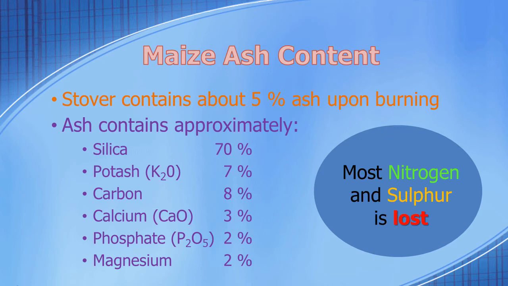And of that 500 kilograms or 5% of ash that remains, the vast majority of that is silica, around 70%. There's a little bit of potash, carbon, calcium, phosphate and magnesium in that ash, but very small quantities. Most of the nitrogen and sulfur is lost during the burning. So you do lose a significant amount of nutrients, but there is obviously some that is returned to the soil.